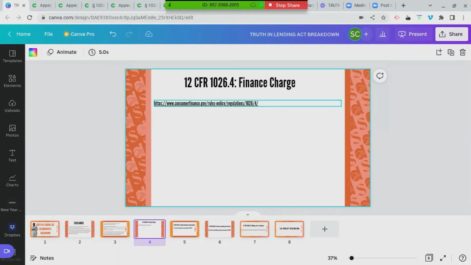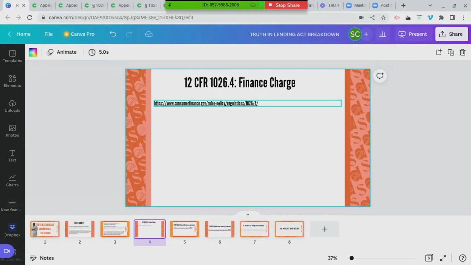So these creditors have requirements under the Truth in Lending Act. You all want to be made aware of what their requirements are for your own rights as consumers.